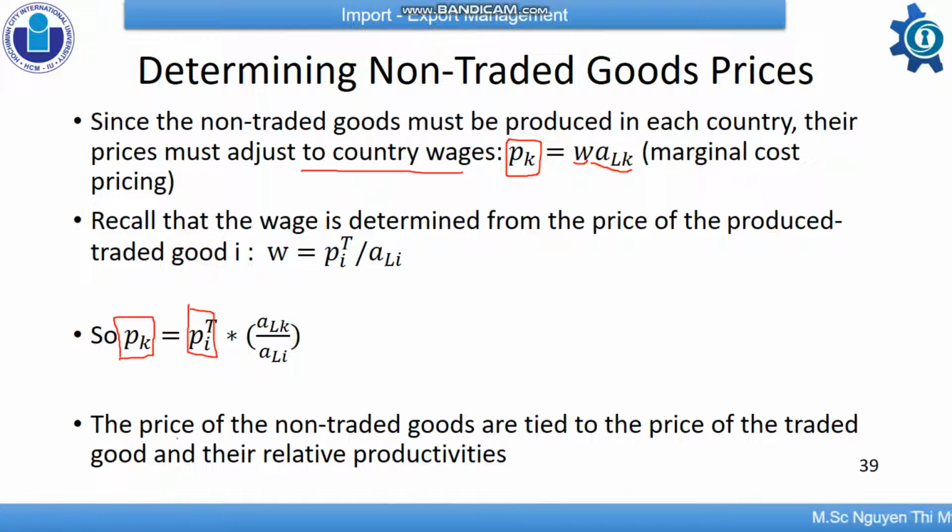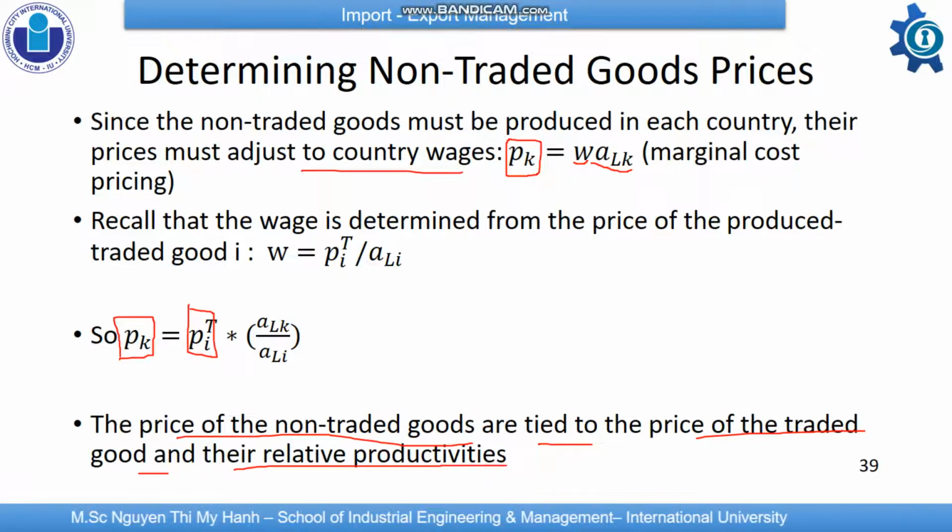So we can see the price of non-traded goods is tied to the price of the traded goods and their relative productivities.